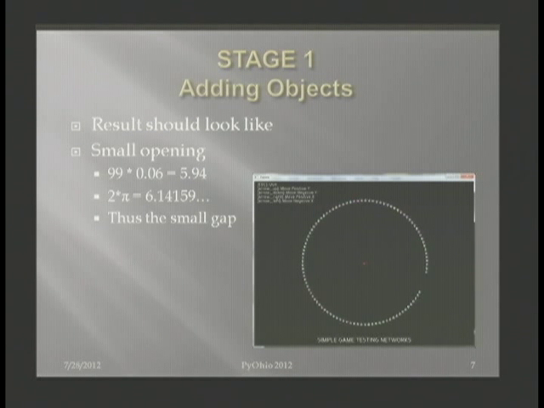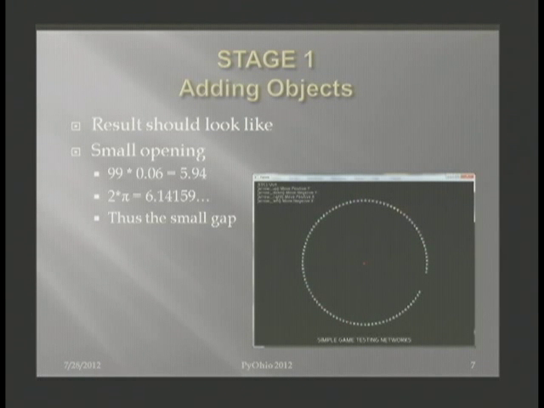I don't like to go into great detail, but 99 times 0.06 comes to 5.94, and 2 pi is 6.28319, and so on. That explains that small gap there. The difference between 5.94 and 6.28 is that small gap.